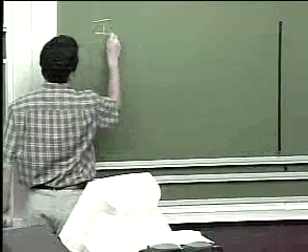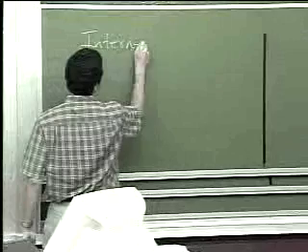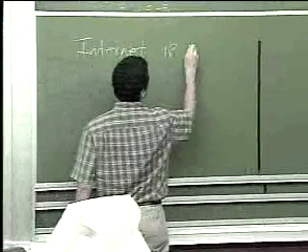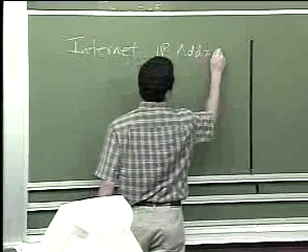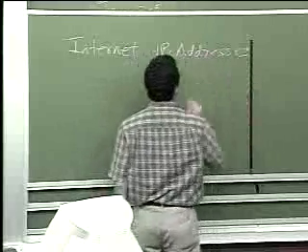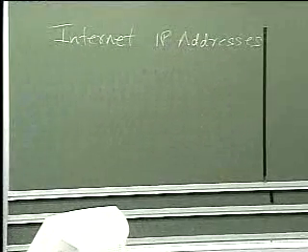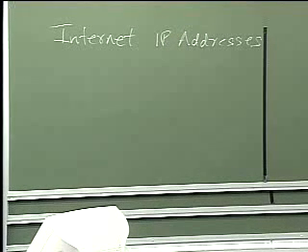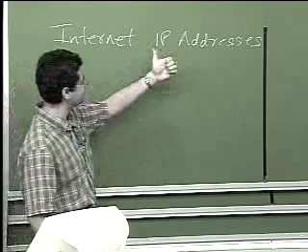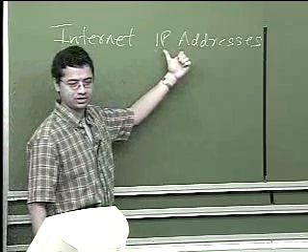So on the internet, what you have are IP addresses. Nodes that are on the internet have an internet address which is called an IP address, or internet protocol address.